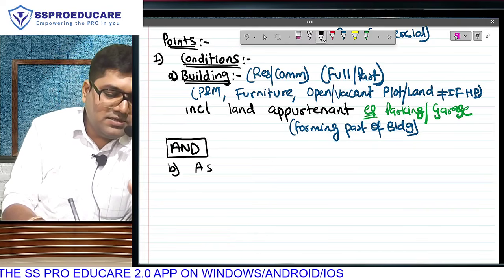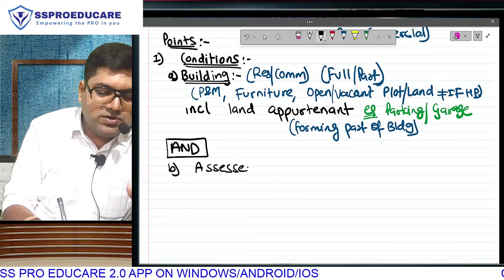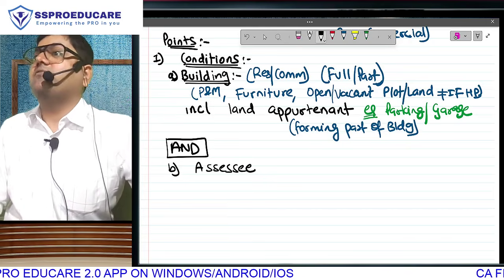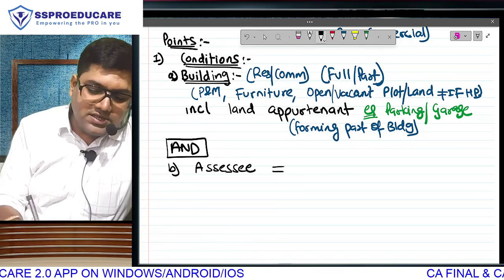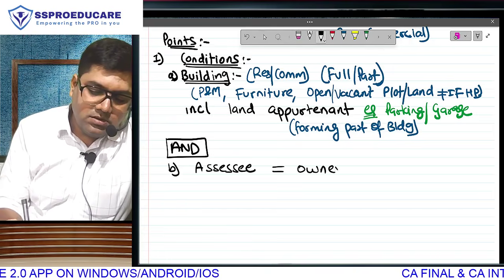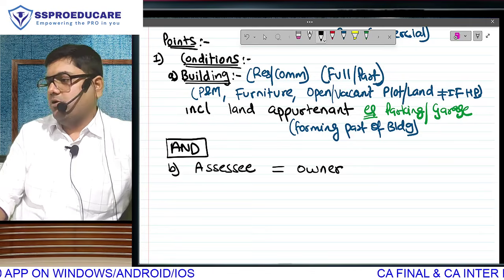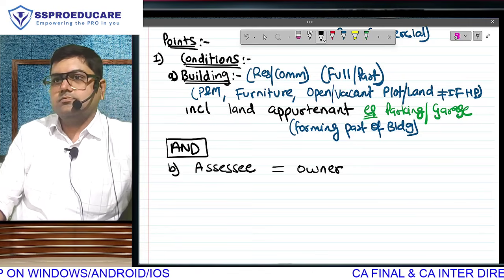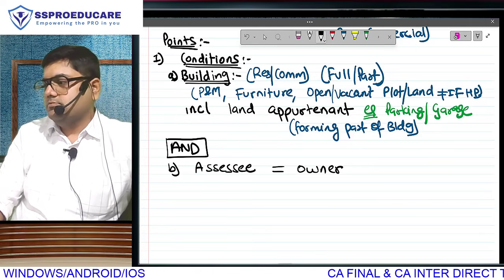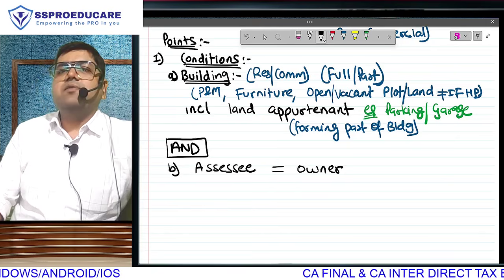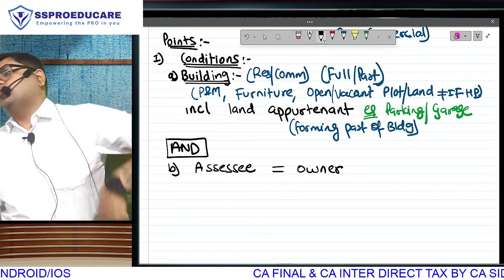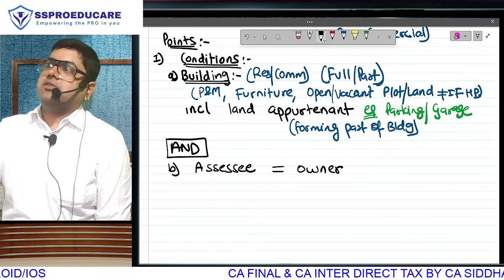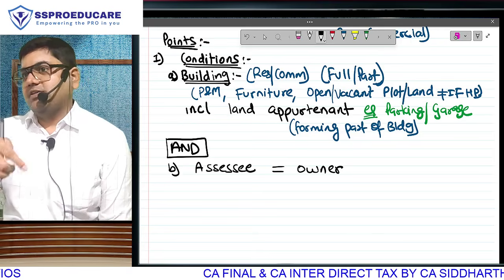The assessee, meaning the person who is receiving the rent, for whom we are deciding whether the income is house property or business or other sources, the assessee has to be the owner of the building. Income will be considered as income from house property only if you are the owner of that place. Place meaning it has to be a building from which rent is coming.